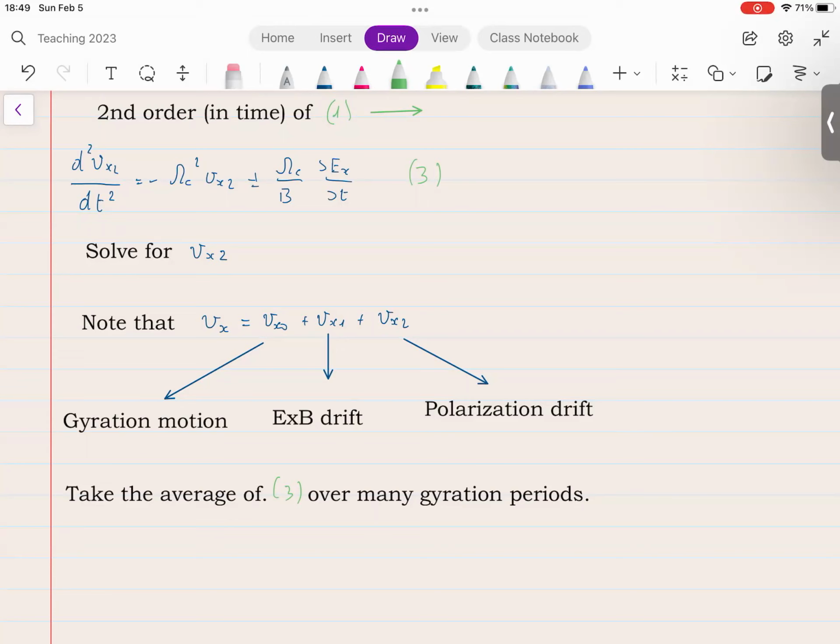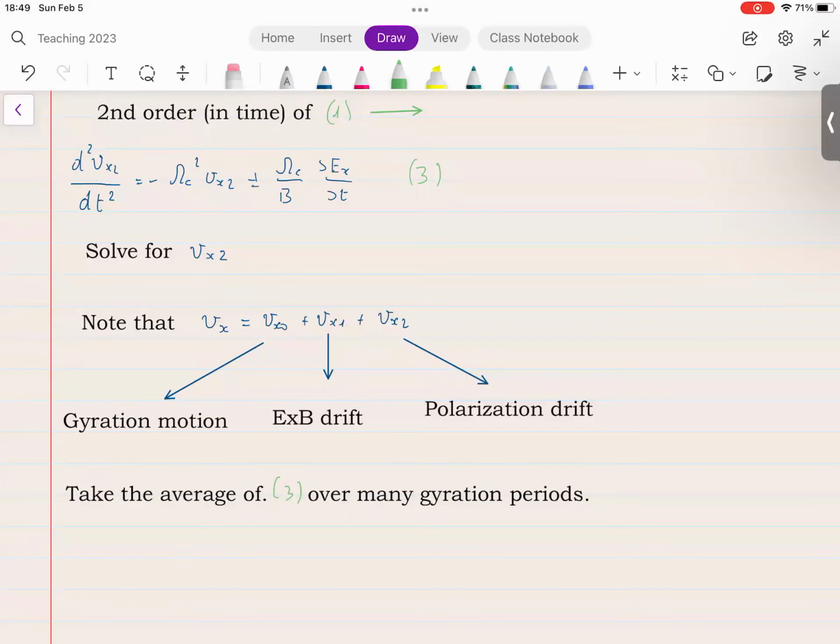Well, if I do that, that second piece of the time derivative of vx2 is going to be of an order lower. I may have to think, is it 1 or 2 orders lower? It doesn't matter. It's not of the same order. It's lower in order, and I can throw it away because it is lower in order than the piece that I'm averaging out.